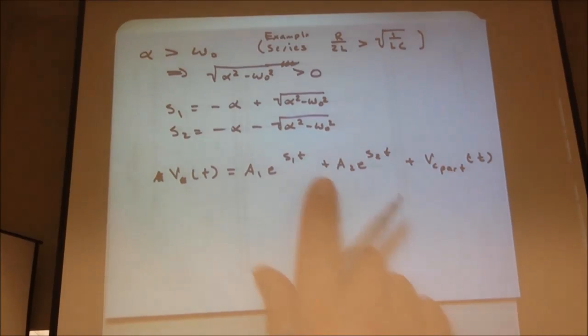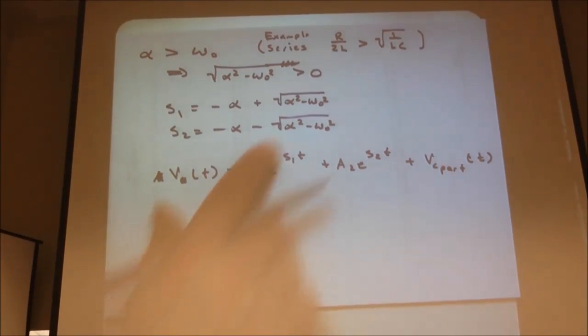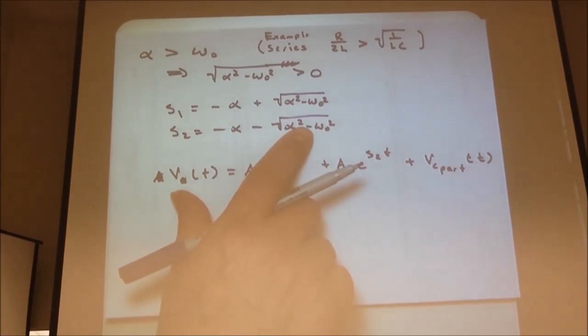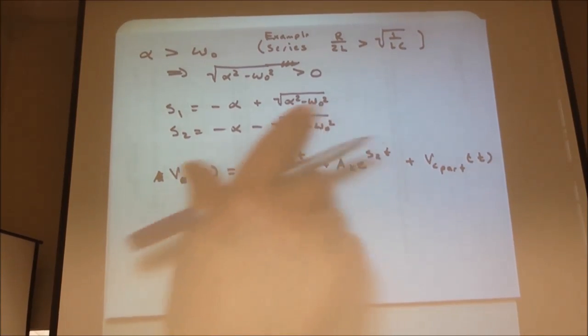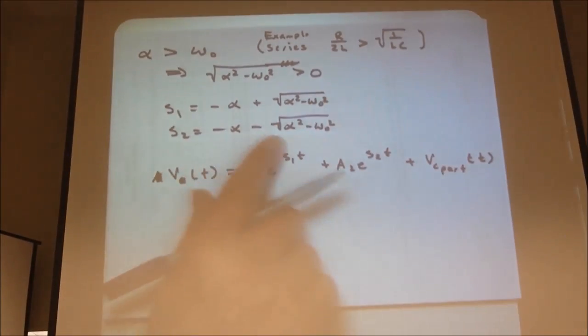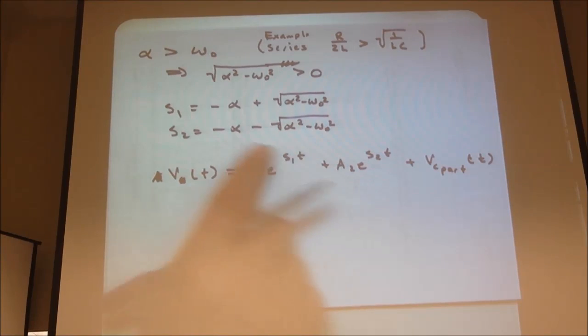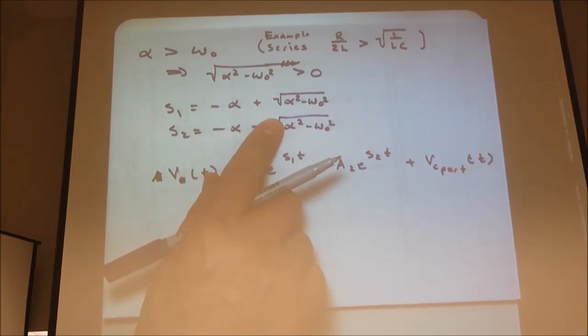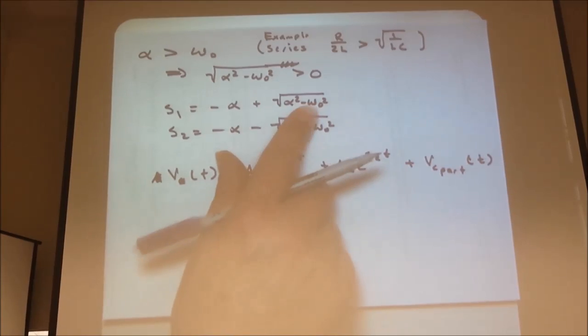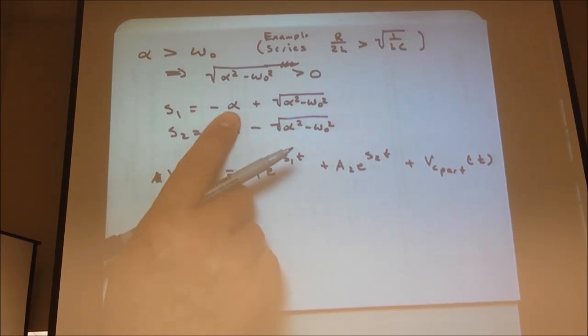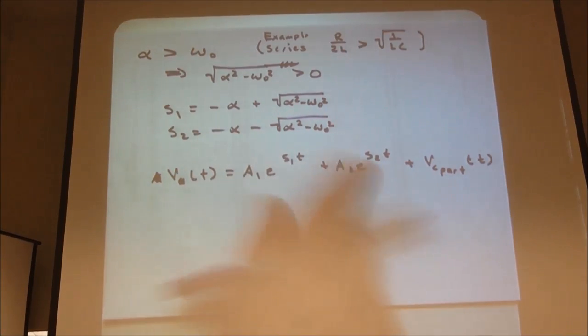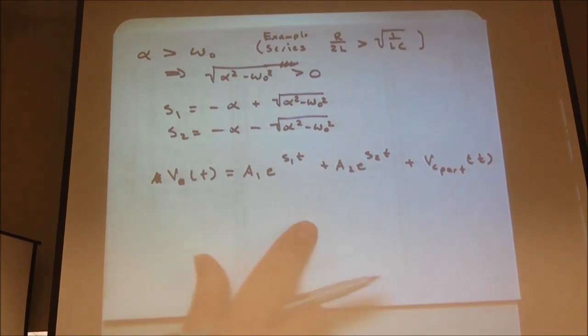And so what do we have? Well, another thing to notice here, I hope we agree that this is real and this is real. So this is going to be negative. S2 is going to be negative. We have negative, negative, right? S1 is also going to be negative. The square root of this term is going to be less than this term. So effectively, what are these two terms doing?